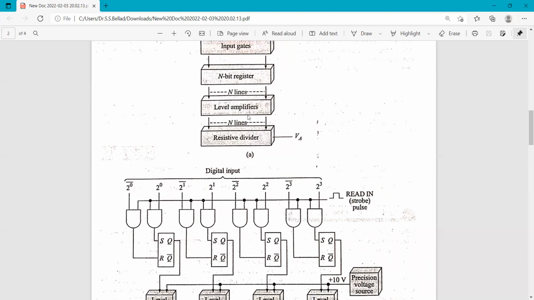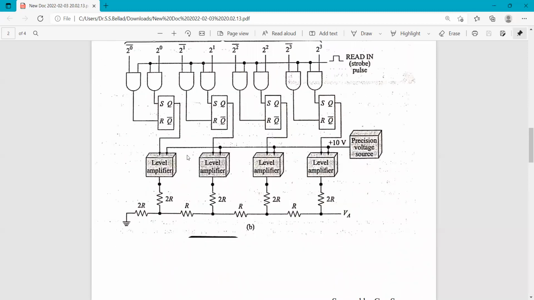Then these level amplifiers come here. These are the level amplifiers. They are present between this ladder network and these RS flip-flops. And these level amplifiers have two inputs.